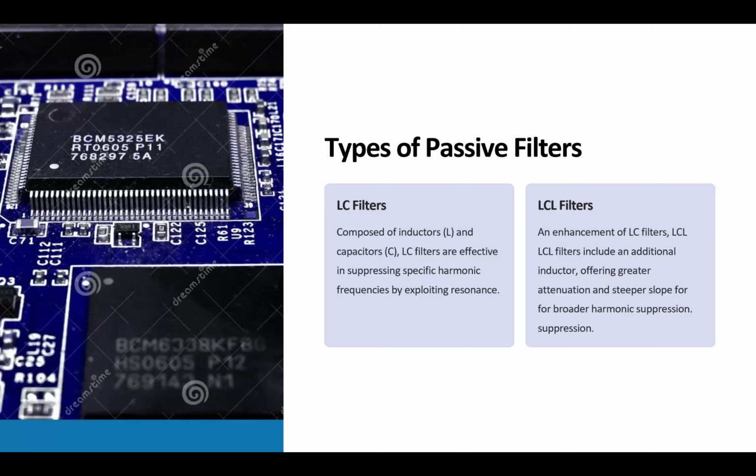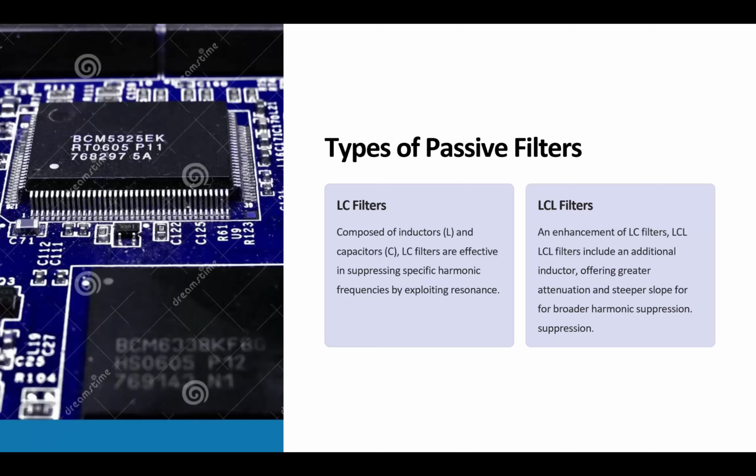Are we good? Okay. So far, what we talked about, harmonic mitigation and harmonic suppression, are the software techniques. Mostly it includes how to optimize our switching techniques to cancel out the distortions. That was our initial plan.